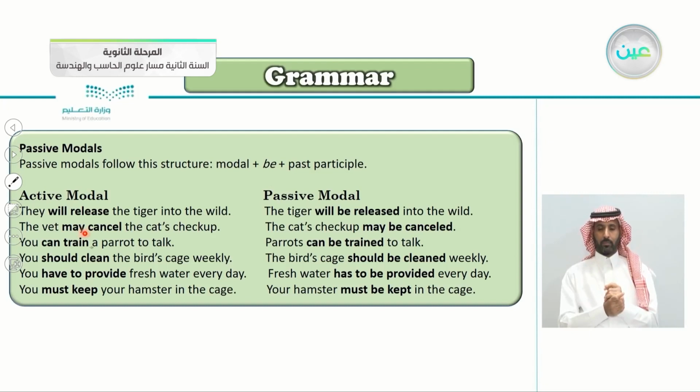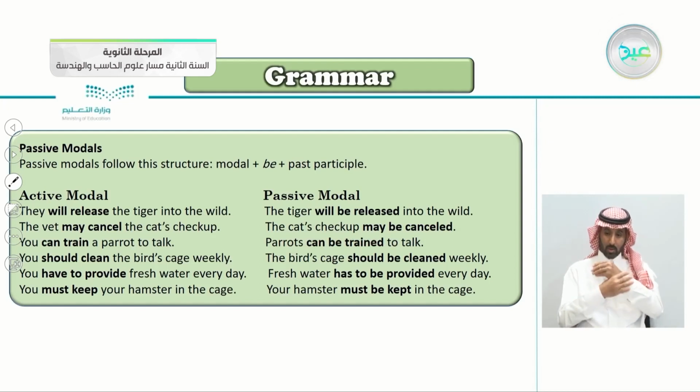The vet may cancel the cat's checkup. So we say the cat's checkup may be cancelled. May be cancelled. Very good. You can train a parrot to talk. So parrots can be trained to talk. Excellent. You should clean the bird's cage weekly.